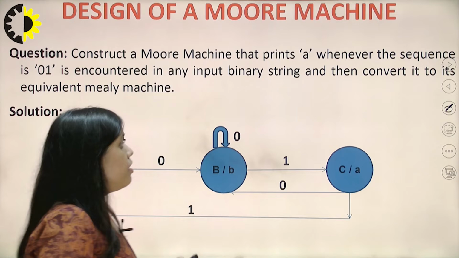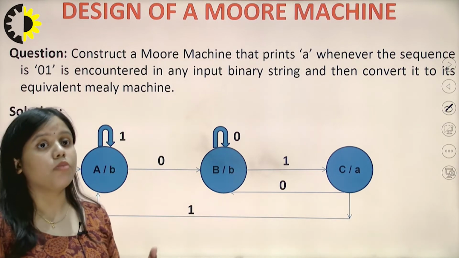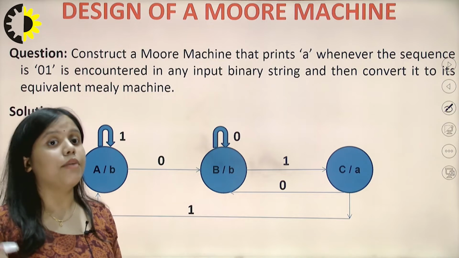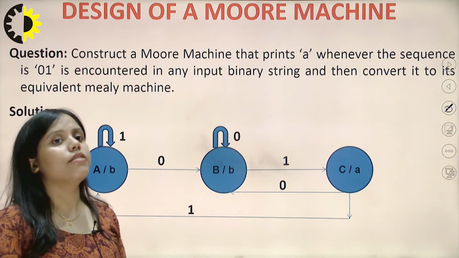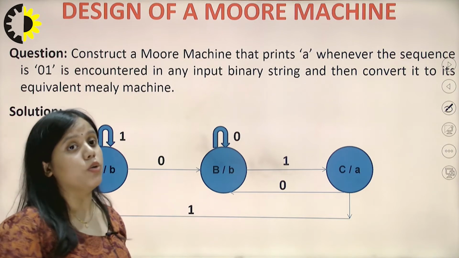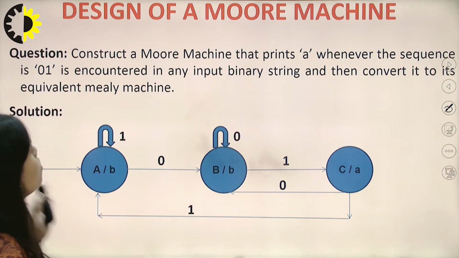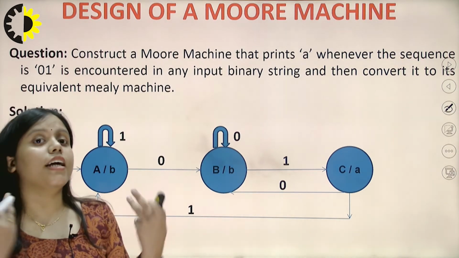Design of a Mealy machine. Construct a Mealy machine that prints A whenever the sequence 0, 1 is encountered in any input binary string. Now we are trying to understand how to create a Mealy machine.